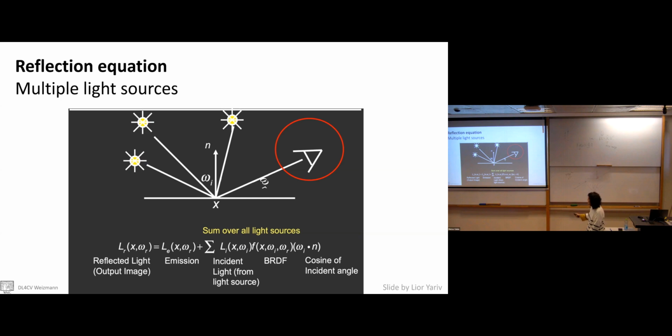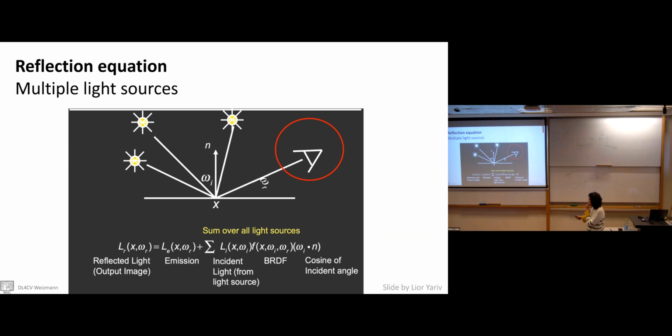This is the normal to the surface, and this is the point X. What we had before was P, and now we have X. This is WI, which stands for each incoming direction. So how much light is going to be attenuated in this direction to this sensor?